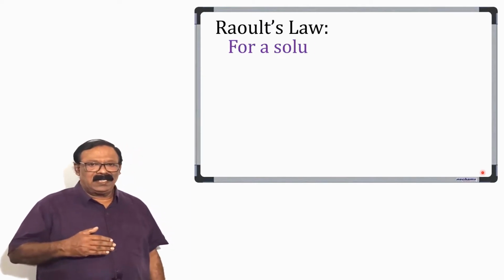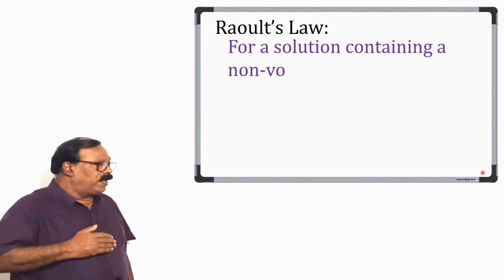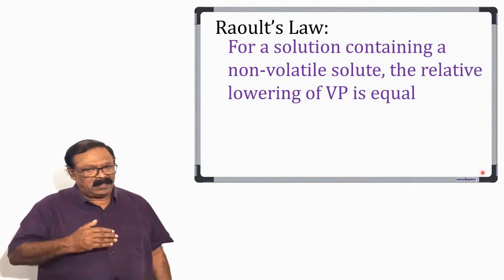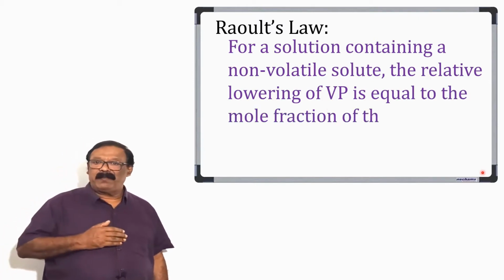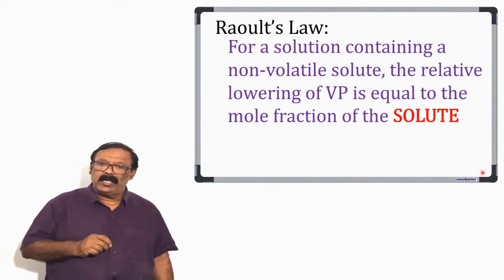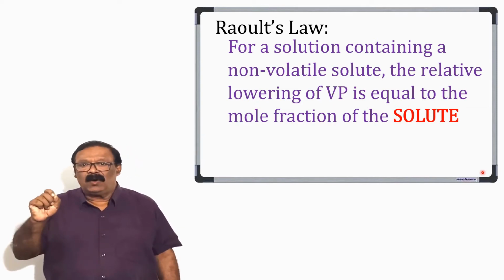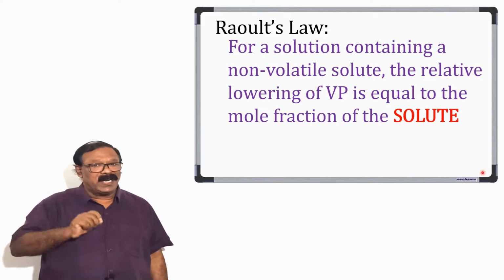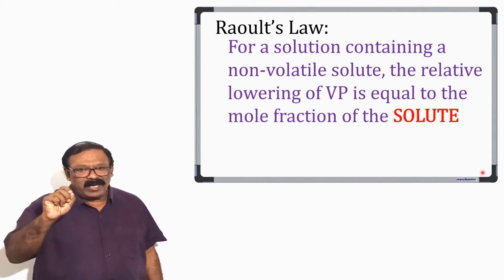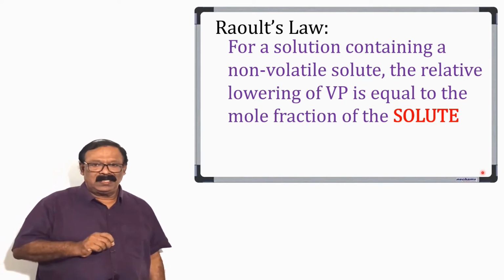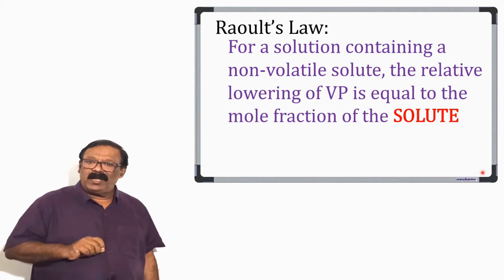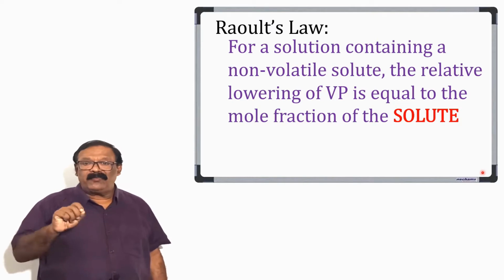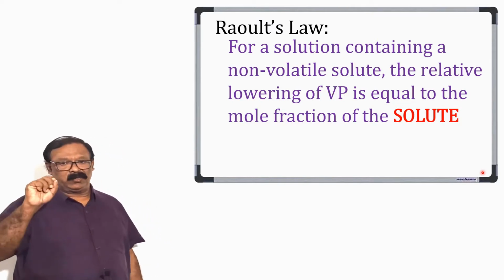It is: in a solution containing a non-volatile solute, the relative lowering of vapor pressure is equal to the mole fraction of the solute. I repeat, for a solution containing a non-volatile solute, the relative lowering of vapor pressure is equal to the mole fraction of the solute.